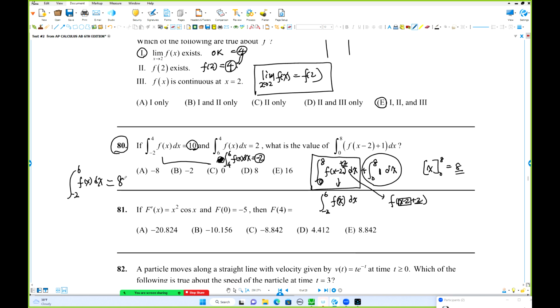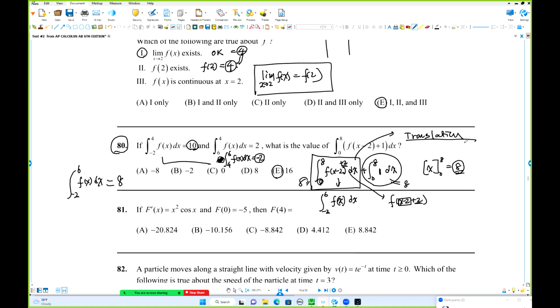Okay, we still have another 8 there. This is 8, this is also 8. Total is how much? 8 plus 8 is 16. This is a translation, so you have to use this translation, okay?